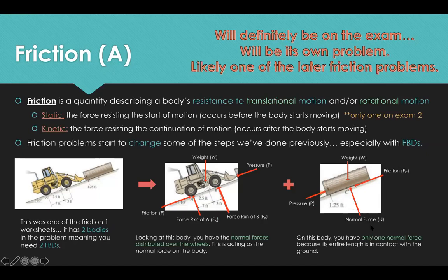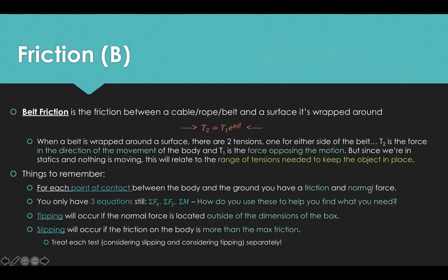If your friction value is less than the maximum friction, then it is not slipping, which means you're not overcoming that friction that's holding it back. If your calculated friction is larger than that, you have already overcome it, which means it is slipping. Does that make sense to everyone?